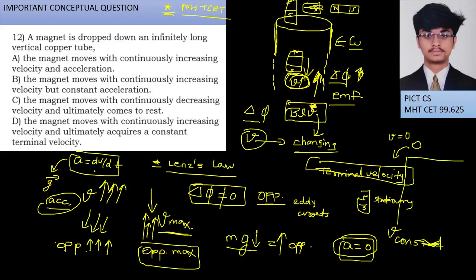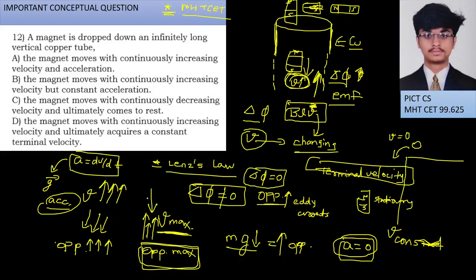Its velocity was continuously increasing, acceleration was there, and slowly due to Lenz's law, an opposition was developed which was trying to counter, trying to make the change in flux zero as soon as possible. Slowly the opposition force started increasing, and it let the magnet reach a velocity Vmax, and at that instant the opposition force was also maximum.